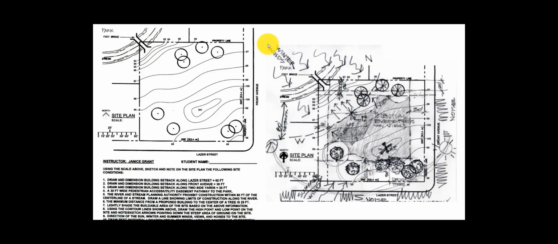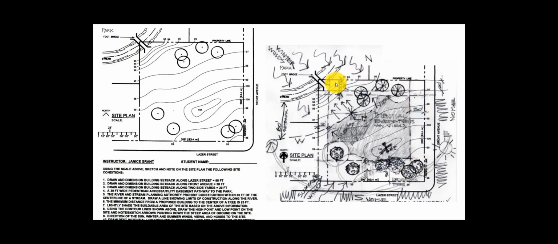And then this is a project that I've had students work on in the past, where this site is proposed and all of these different requirements are a part of understanding what the buildable area is. So the setbacks you can see here are done graphically.